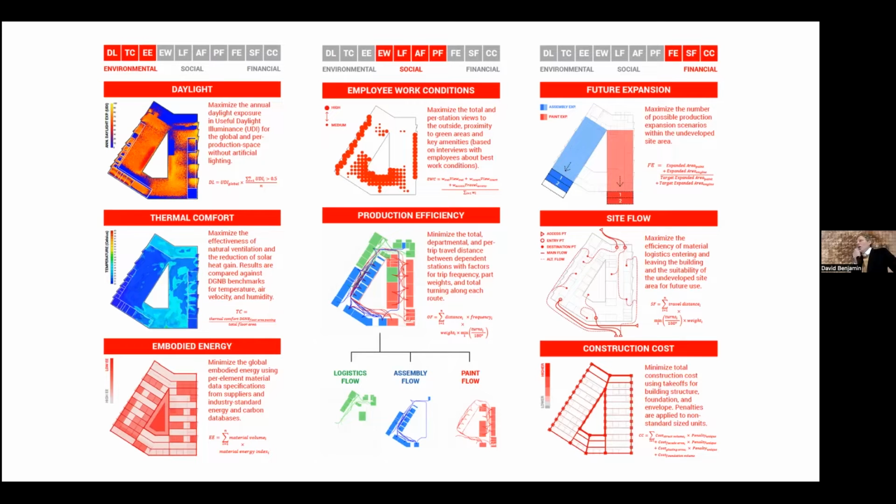And the idea here is that computation could be used not just for cold-blooded efficiency and optimizing the things that are easy to optimize, but it could also be used to navigate trade-offs between many of the important but sometimes conflicting goals you have for a project. So in this case, we were trying to measure the easy things to measure, like daylight, but also the harder things to measure, like future expansion.